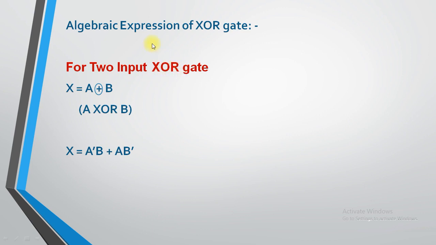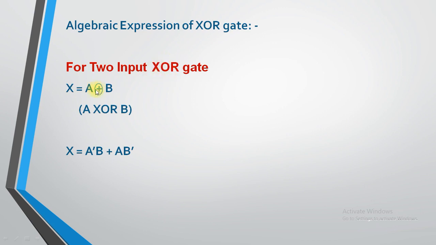Now when you work with the exclusive OR gate, there is one circle over here and in between you need to put a plus sign. Is that clear? You can read this formula as A XOR B. So this is the first Boolean function related with the XOR gate.